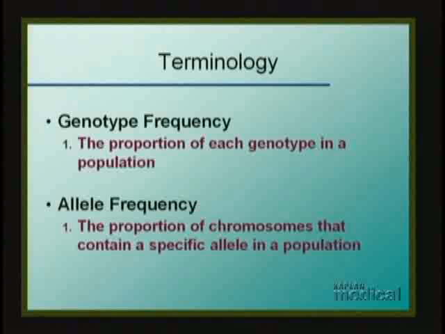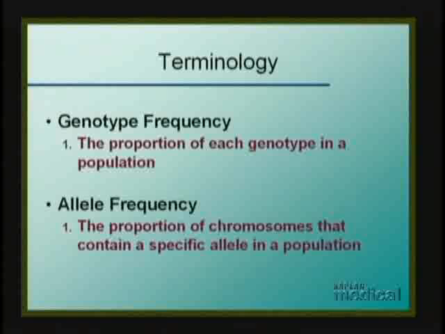Suppose we were talking about sickle cell disease in a population. In our discussion, we would talk about people who are homozygous normal. We would also talk about people who are heterozygous or carriers for sickle cell disease, and people who are homozygous mutant or affected by sickle cell disease.